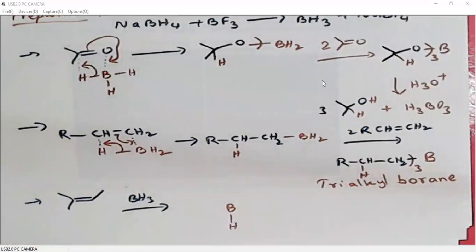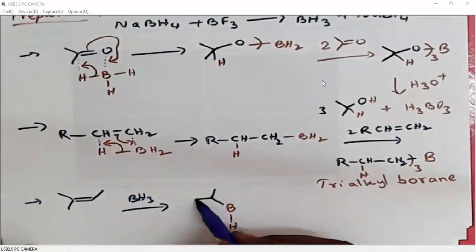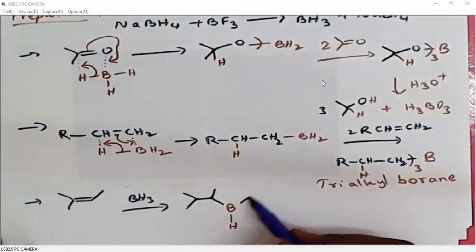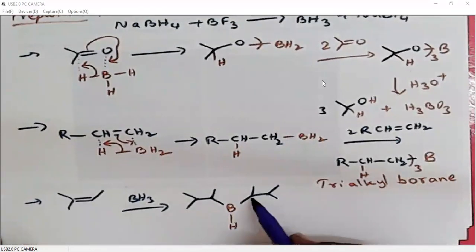As I said earlier, borane adds to the less substituted carbon. So in this double bond, the boron will add on this side, and hydrogen will add here. Boron adds to the less substituted carbon of the alkene, and hydride adds to the more substituted carbon.